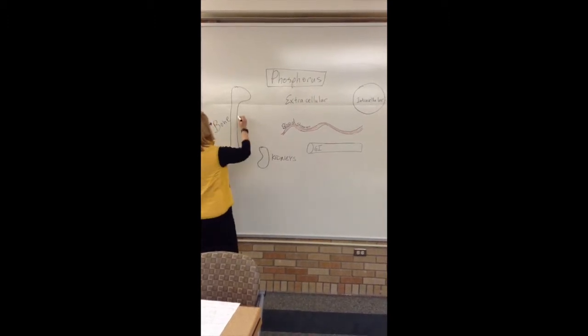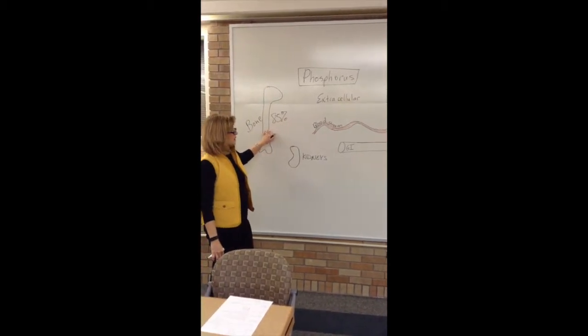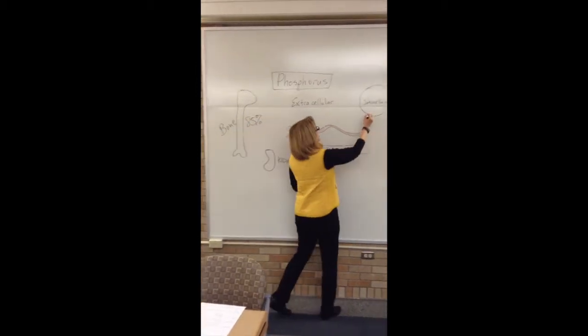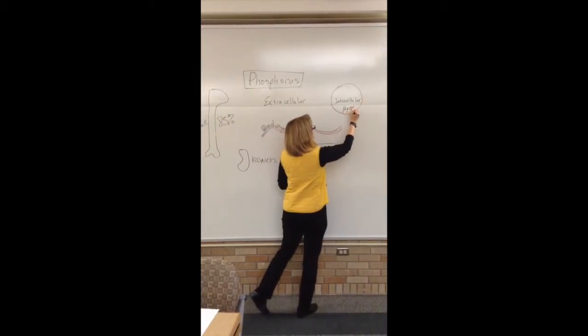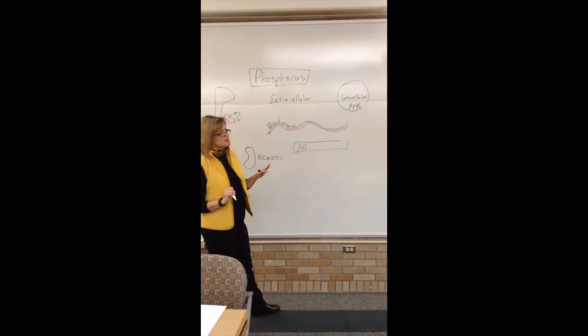First of all, 85% of our phosphorus is within our bone and bone structure. The other place that it's commonly found is in our cells. 14% of our phosphorus is found inside of our cells.